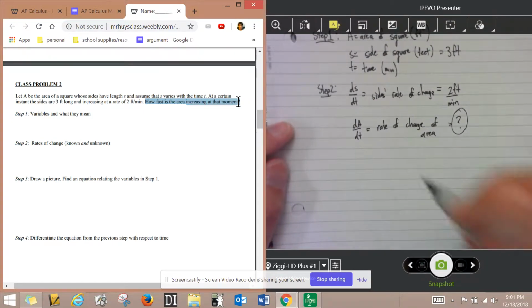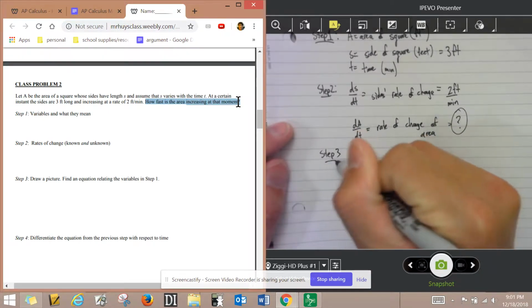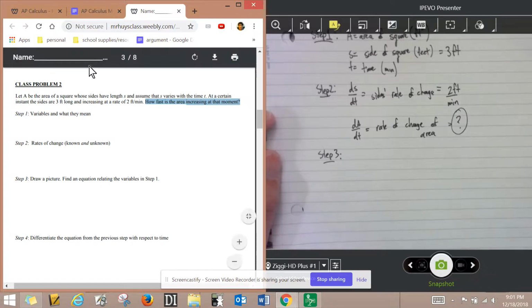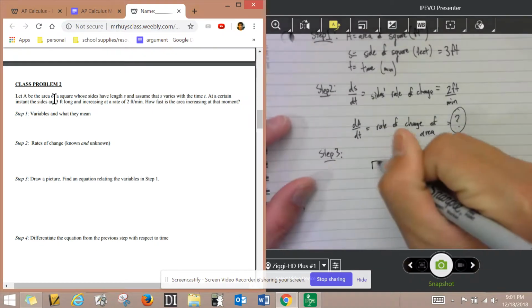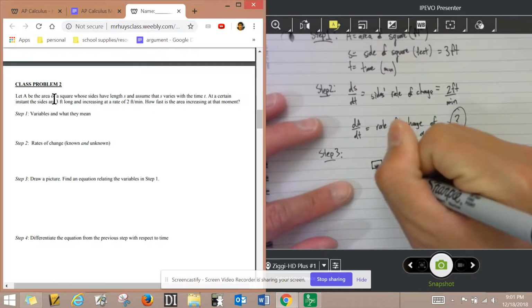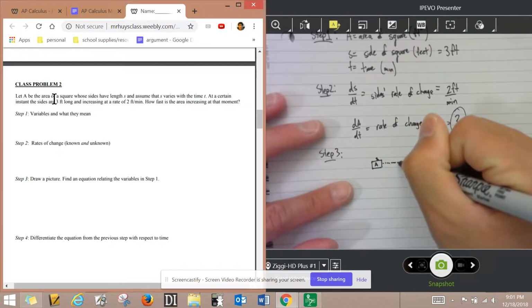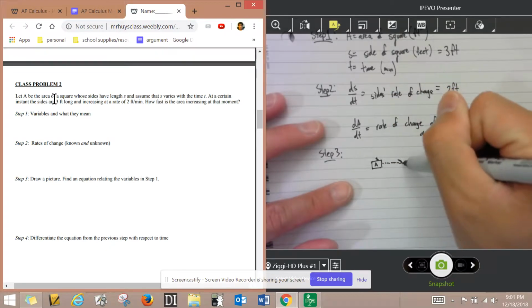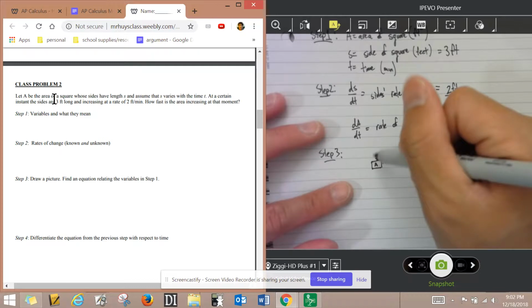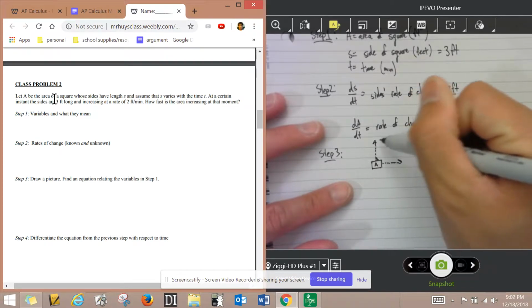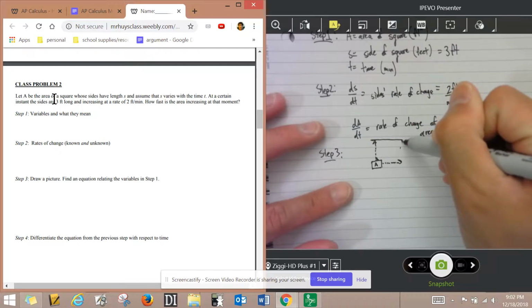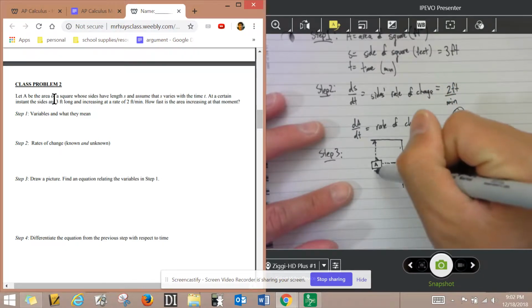Okay, and step 3 is to draw the scenario. So again, we have A, the area of a square whose side has length S, and it's growing. So here we have a square with an area of A and side lengths of S, and it's slowly expanding to a bigger square.